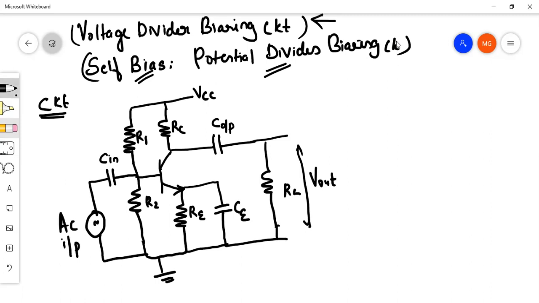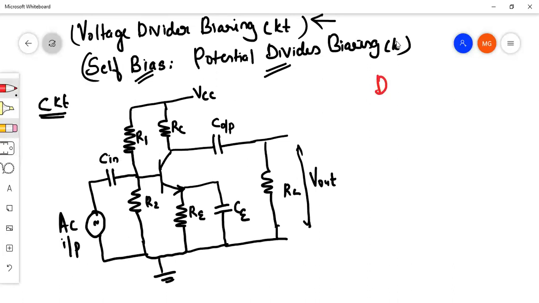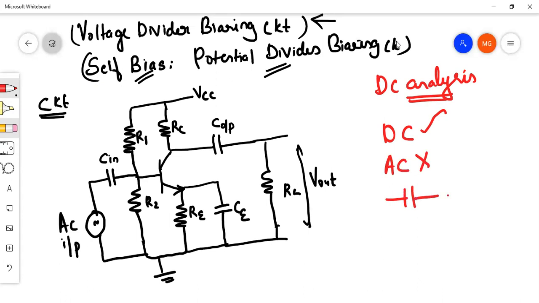But we need to go through the DC analysis. For a circuit, first we need to take the DC analysis. DC analysis means only DC voltage is considered, AC voltage is not considered, and the capacitor must be replaced by an open circuit.